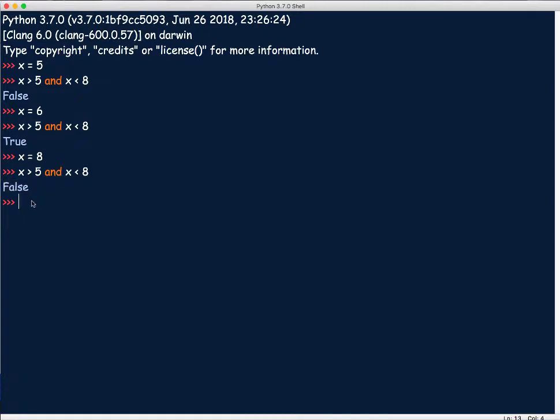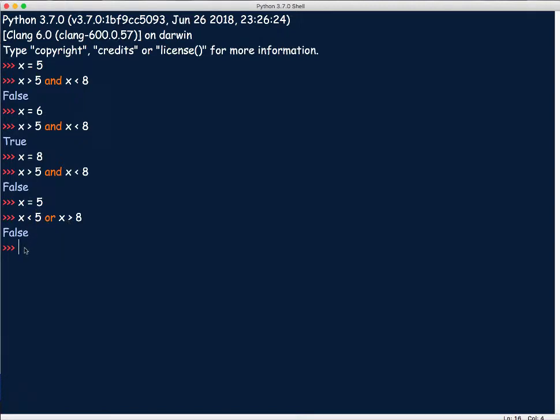Okay? Let's take these same numbers. So we're going to take x equals 5. And let's evaluate our or statement. So x is less than 5 or x is greater than 8. Notice it's false. Okay? Because x is neither less than 5 nor greater than 8.